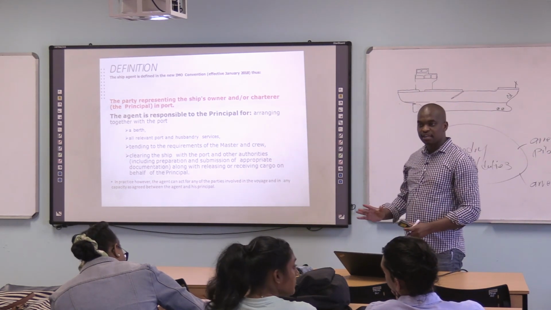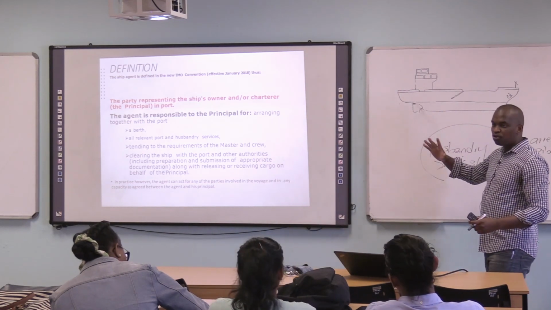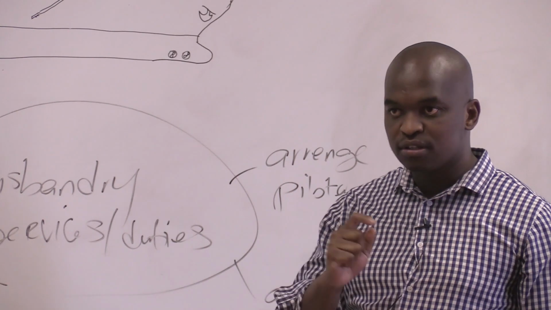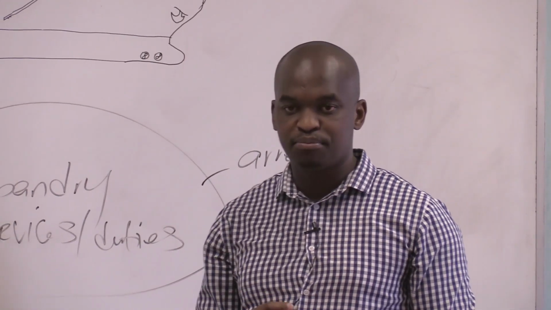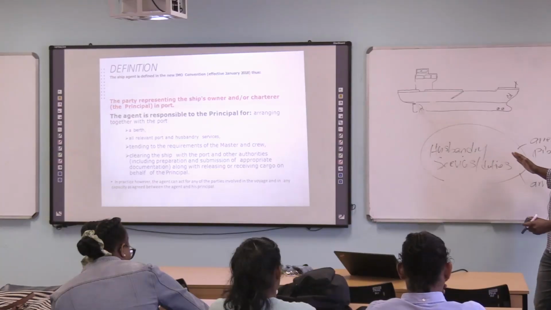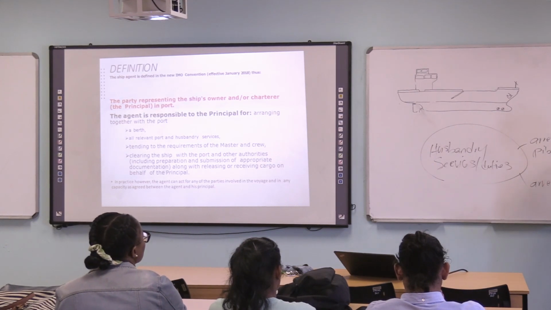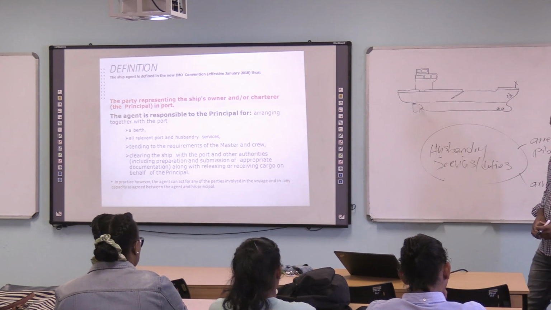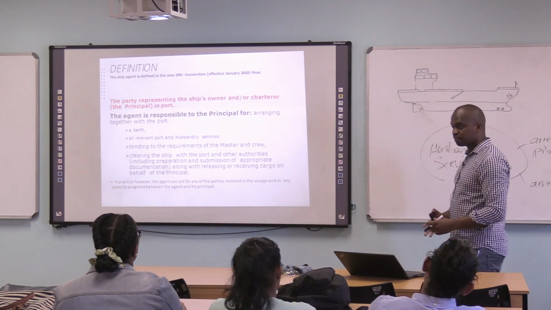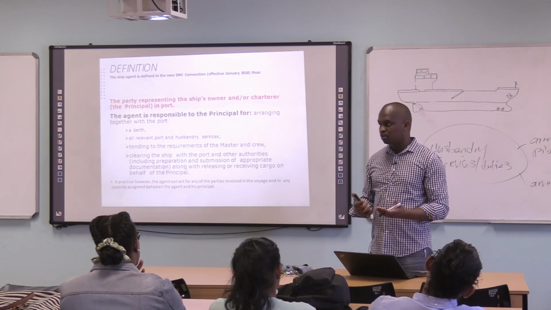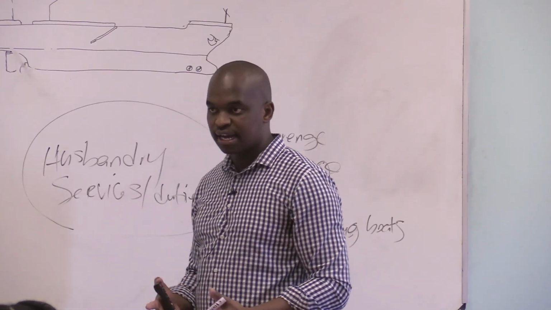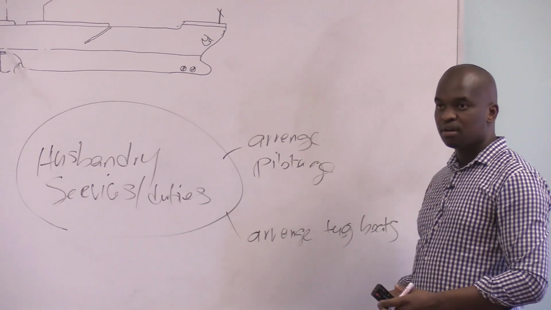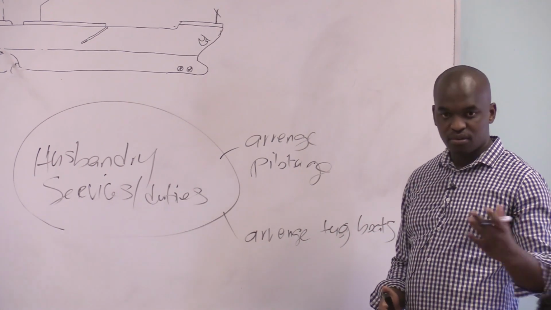So these services are compulsory in all the 8 South African seaports. Every ship that calls at any of the 8 South African seaports must comply with the regulations of having a pilotage on board, and also have a tug or tugs that are going to assist the ship either when leaving or coming into port.